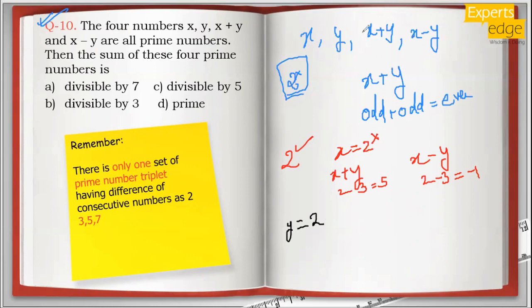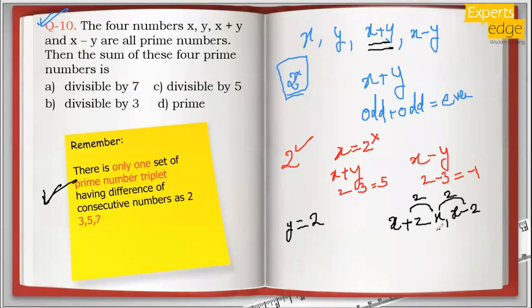If I take y equal to 2, this will become x plus 2 and this will become x minus 2, right? And this is x. So what is the difference between the consecutive terms? If you can see, this is 2, this is also 2, and we know there is only one set of 3 numbers with this difference.